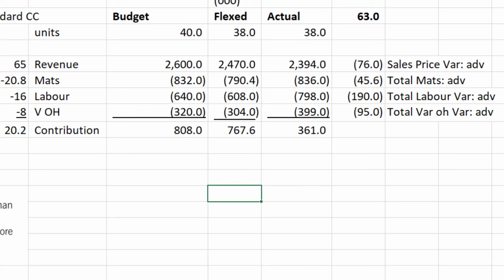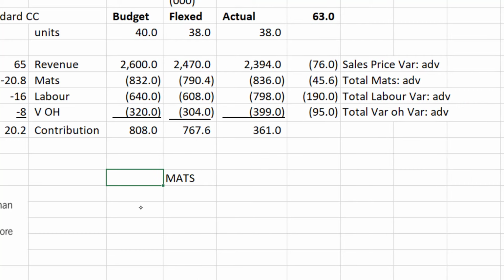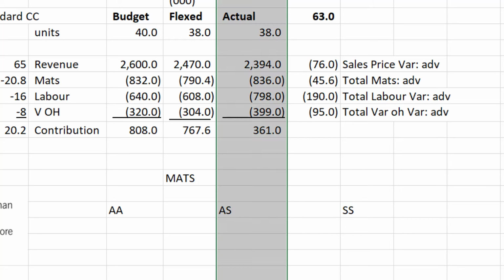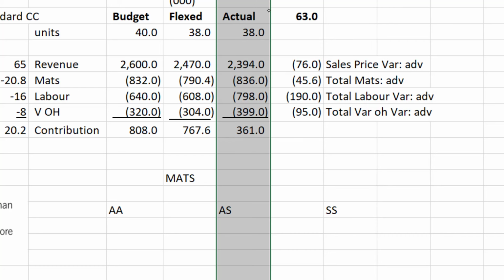So watch what I do here. For the direct materials, I am going to write 3 sets of letters. I'm going to write AA, AS, SS. Alphabetical order so I can memorize them. Instead of memorizing 17 formulas for PM, I'm going to memorize 1 set of letters.